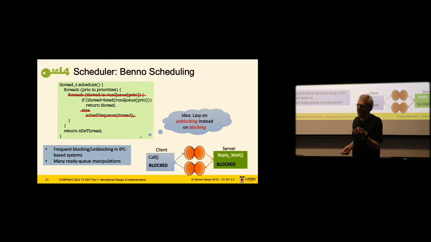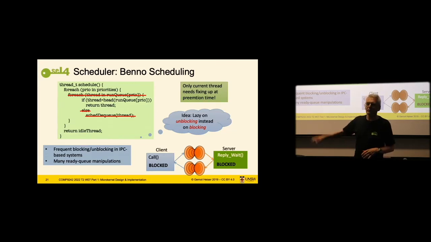So basically, we get the same performance advantage as the original lazy scheduling, but we no longer have the problem with real time, with the boundedness of the operation. So this is a clear way. Turns out there's a case where it's not quite so obvious, and that probably was the reason why it wasn't done in the beginning. But that's how we do scheduling in seL4 now.